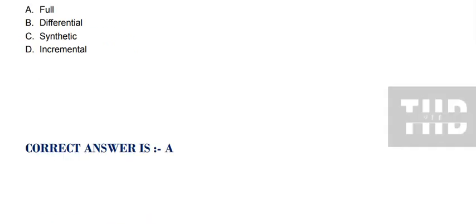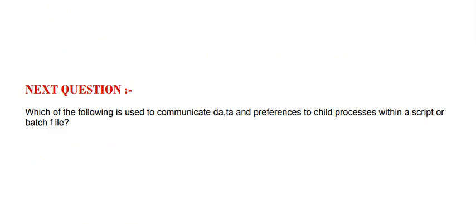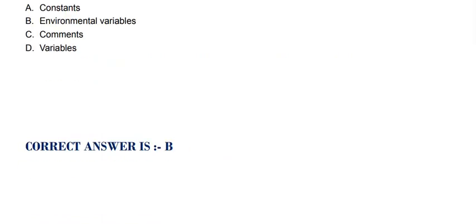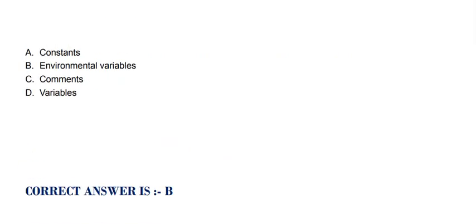The correct option is option A. Next question is, which of the following is used to communicate data and preference to child processes within a script or batch file? And the options are option A constants, option B environmental variables, option C comments and option D variables. The correct option is option B.